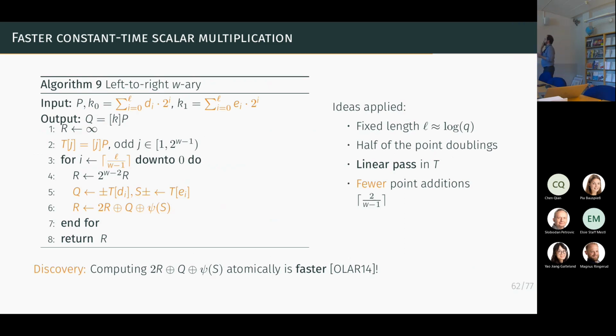So this is the resulting algorithm at the end. We pre-compute this table T with all these multiples of P in that digit set, right? Using the same curve arithmetic formulas I showed you before. And then we have recoded K into K0 and K1, in these fixed non-zero position expansions that have fixed length as well.